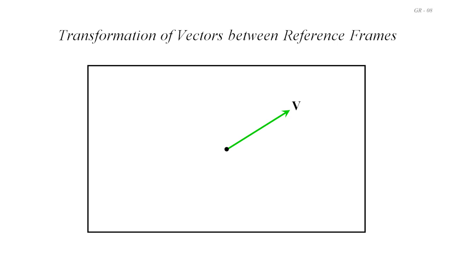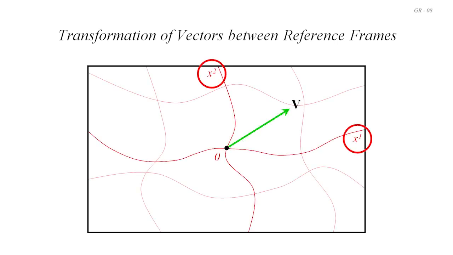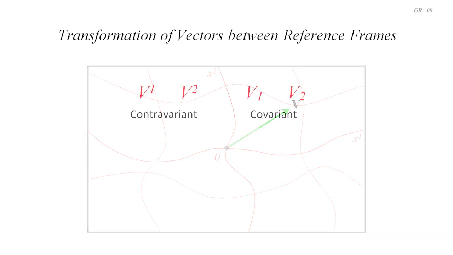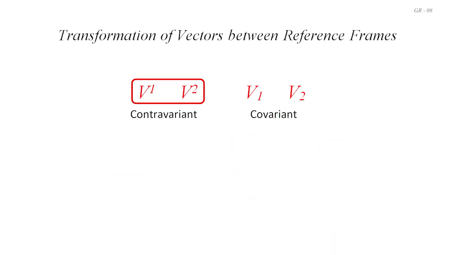So let's start by using this red x1, x2 frame of reference, which is clearly curvilinear. We could make measurements with this reference frame and we would get 4 values for the components of the vector at the point, namely v1 and v2 upper, contravariant, and v1 and v2 lower, covariant.